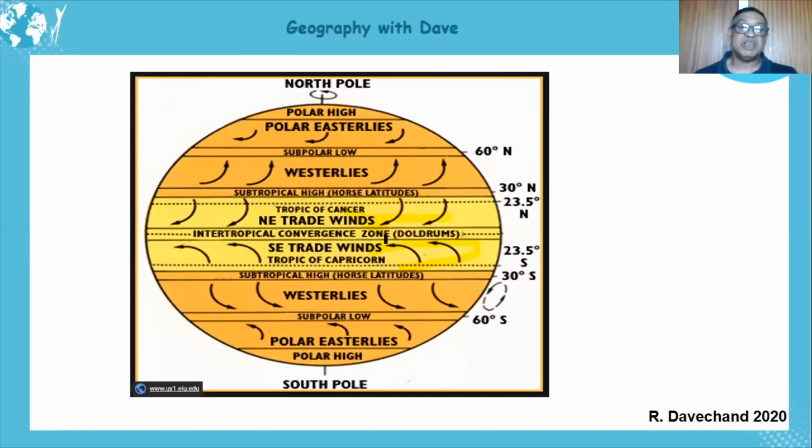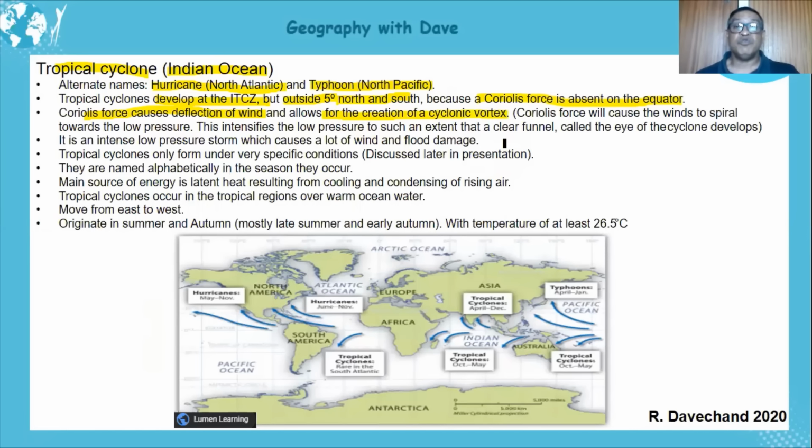And what do we need the deflection for? Because when it gets deflected, it allows for a cyclonic movement.